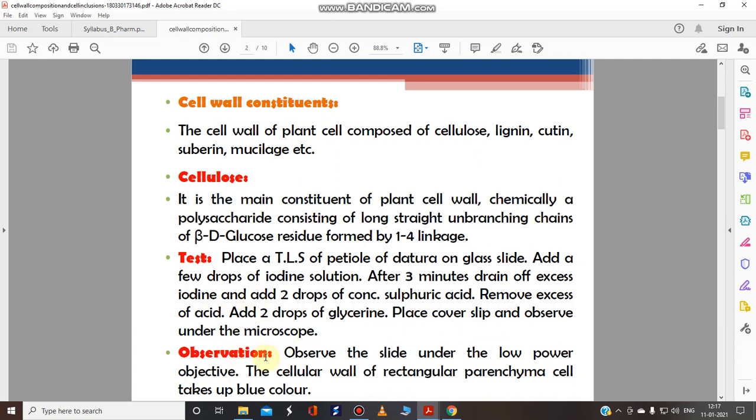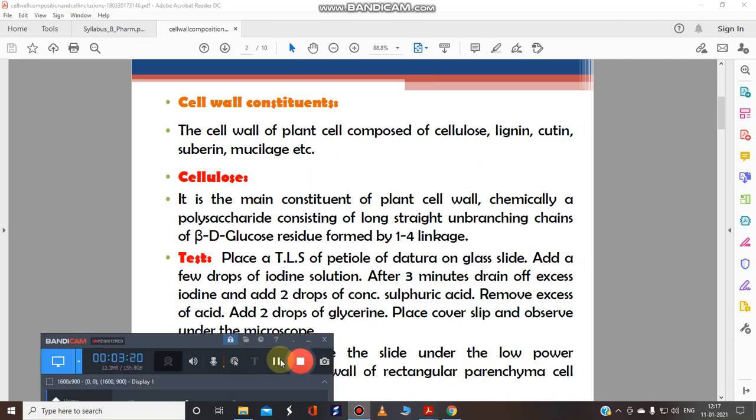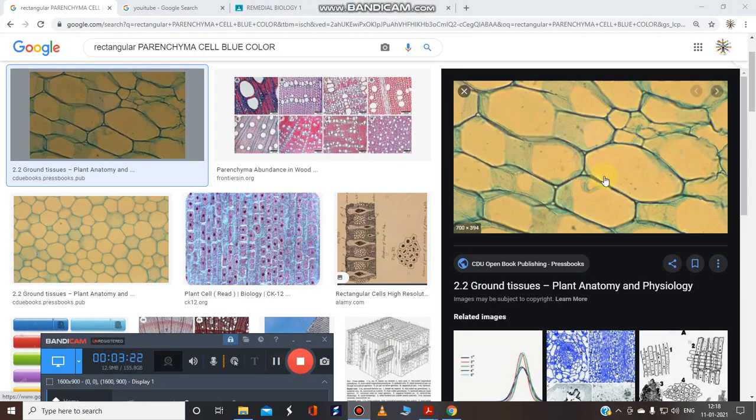You observe the slide under the low power objective lens, and you will see rectangular parenchyma cells which take up the blue color. These blue rectangular parenchymal cells are cellulose.